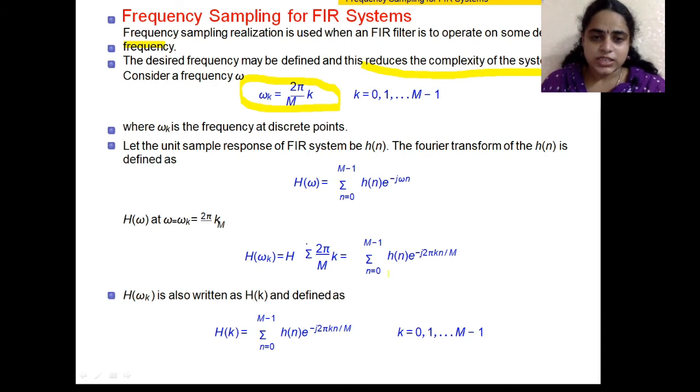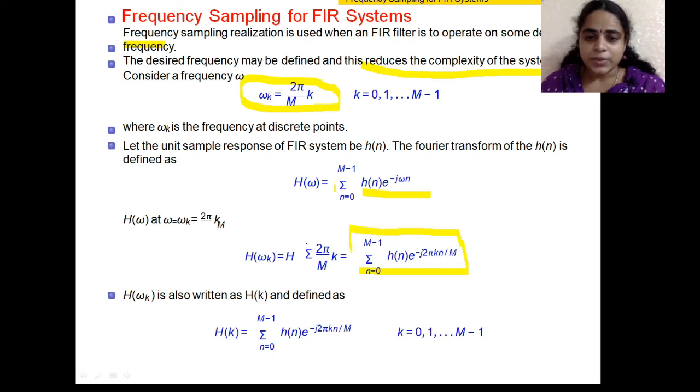So now consider H of omega. H of omega is equal to summation n equal to 0 to M minus 1, h of n e power minus j omega n, and substitute omega equal to 2 pi k by M. This is the formula: summation n equal to 0 to M minus 1, h of n into e power minus j 2 pi k by M. So here the variable is changed into k instead of omega.